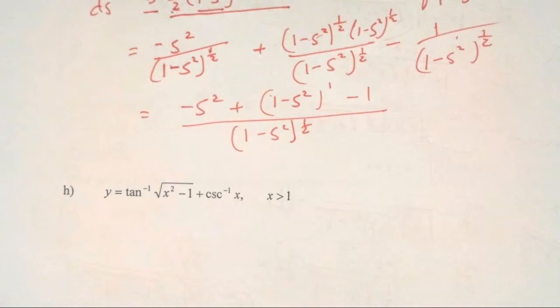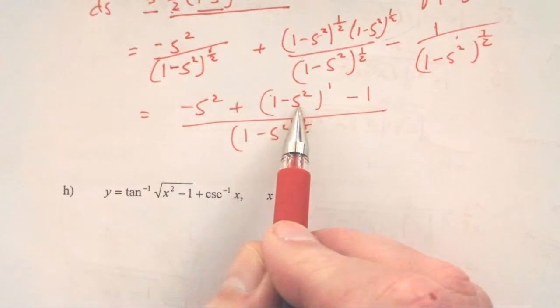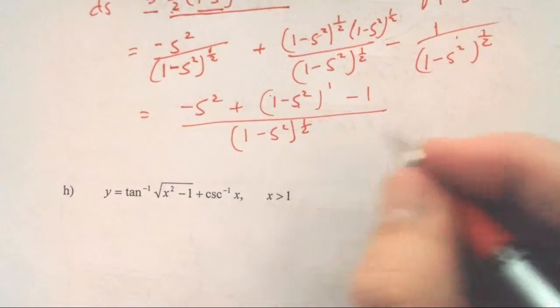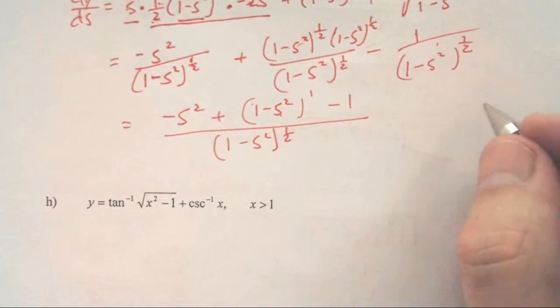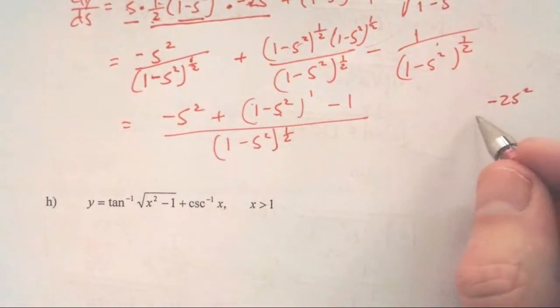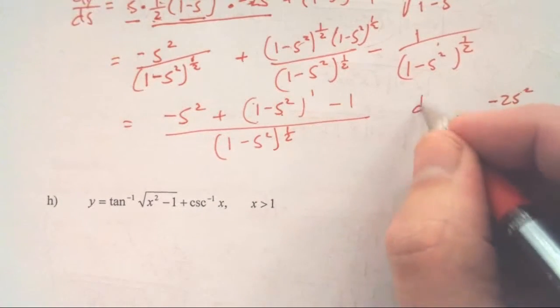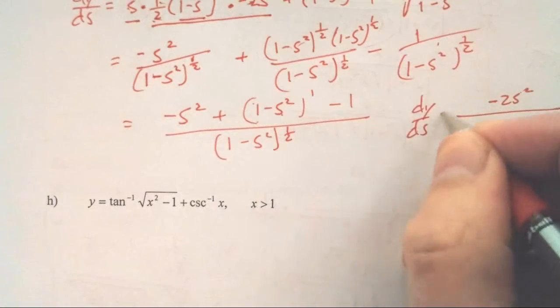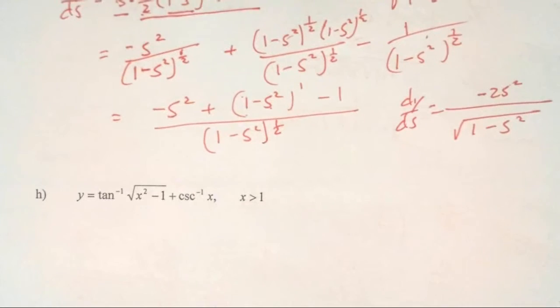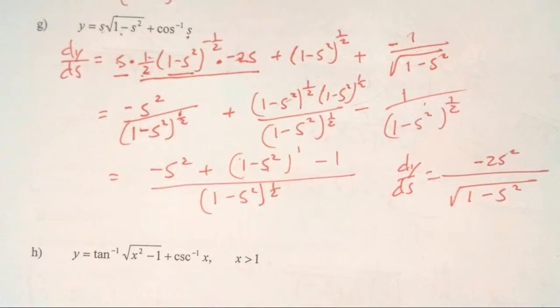What happens in the numerator here? I get a minus s squared minus an s squared, a minus 2s squared, and a 1 minus 1, all on the square root of 1 minus s squared. That's dy/ds. Sorry, I shouldn't have slid that forward.